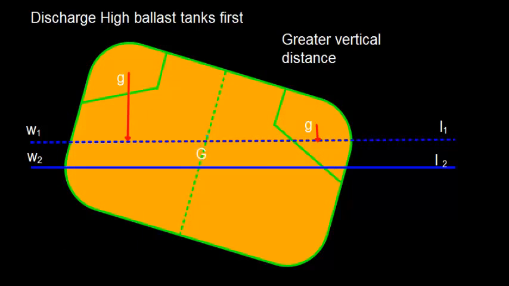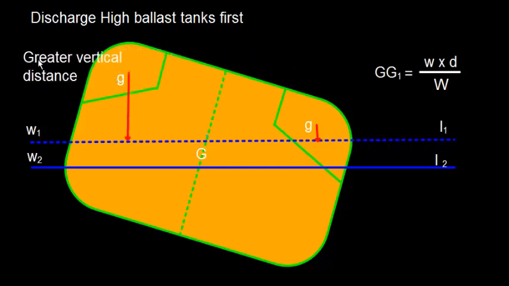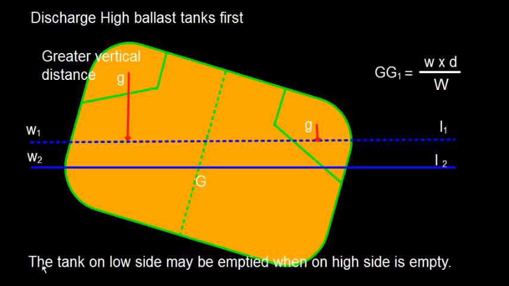In order to bring the G down, we know this formula: the shift of center of gravity is given by W into d divided by W, where d is the distance between the KG of the ship and the KG of the weight. Well, this higher tank has a larger, greater vertical distance. So we should deballast the higher tank first so that the center of gravity comes down. And later on, the low side may be emptied when the high side tank is empty.